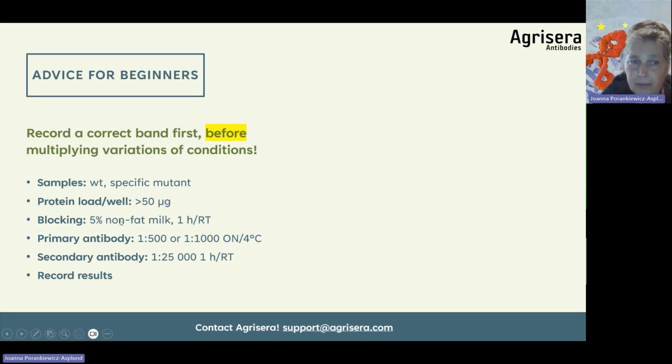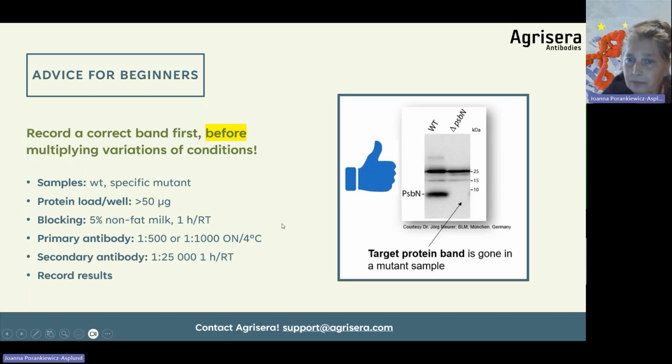We also block at first for 1 hour at room temperature with 5% non-fat milk. 1% is usually too low. Then, as you see here, we use the primary antibody very concentrated for a long incubation. Of course, this can create a lot of background, but this is oversaturating the system. Our goal here is to obtain a signal specific for the antibody.